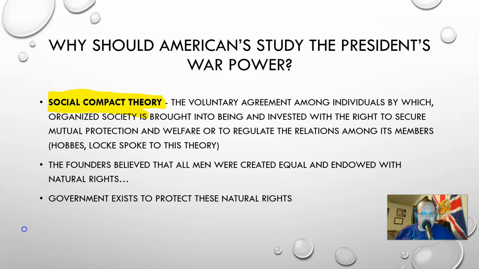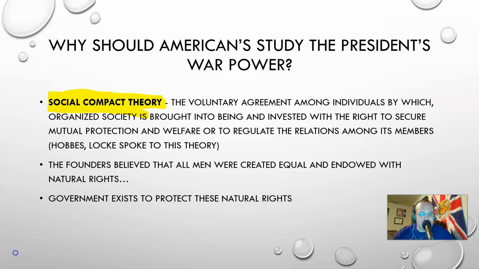This is an agreement that you make just by virtue of being born, that you're going to conform to the rules and expectations that have already been laid out for you, that you didn't necessarily have a say in, and that you're going to behave yourself.